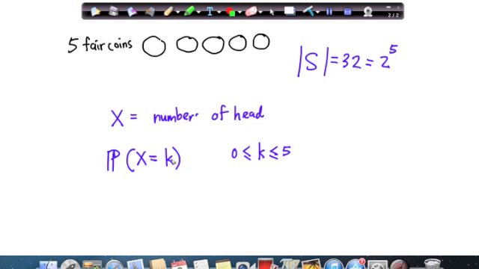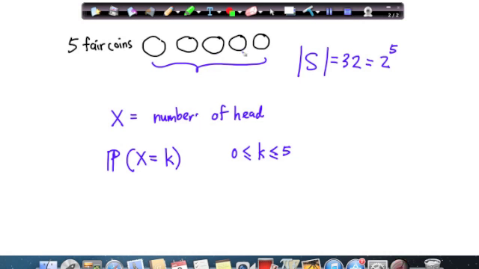So in general, suppose x equals k. What is the probability that we'll get k number of heads? Well, there are 5 coins altogether, and we want exactly k of them to be head.